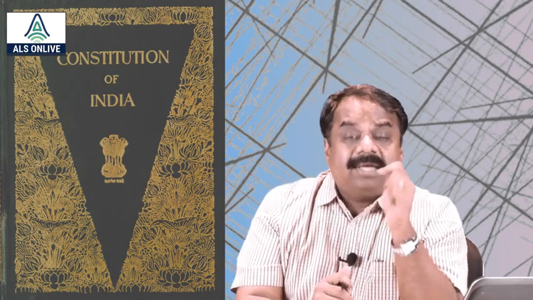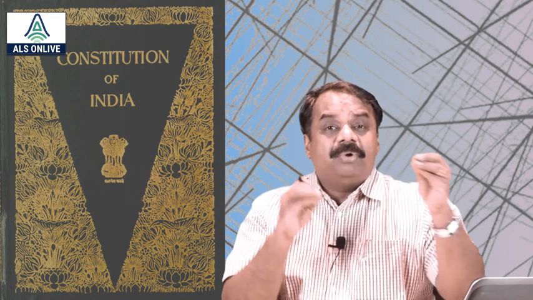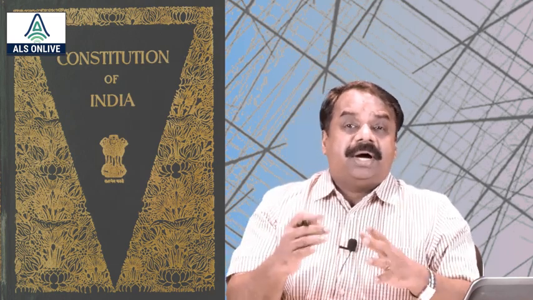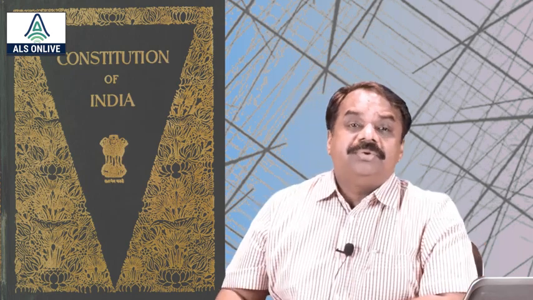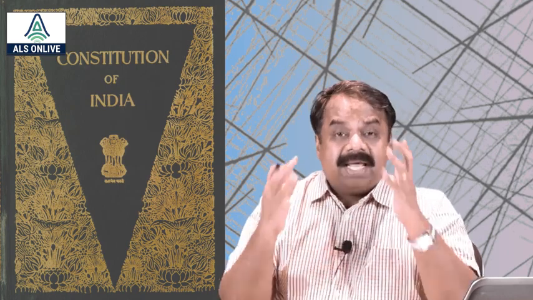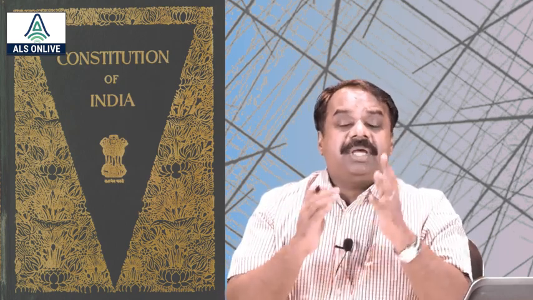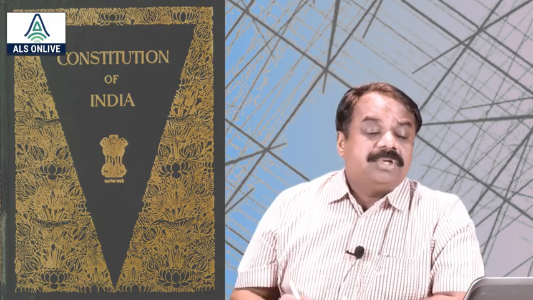You cannot violate the constitution. Whether it is the central government or the state government, you cannot bypass or overlook or circumvent the constitution. Whatever is there in the constitution has to be taken with full seriousness. You cannot bypass it. So, supremacy of the constitution.